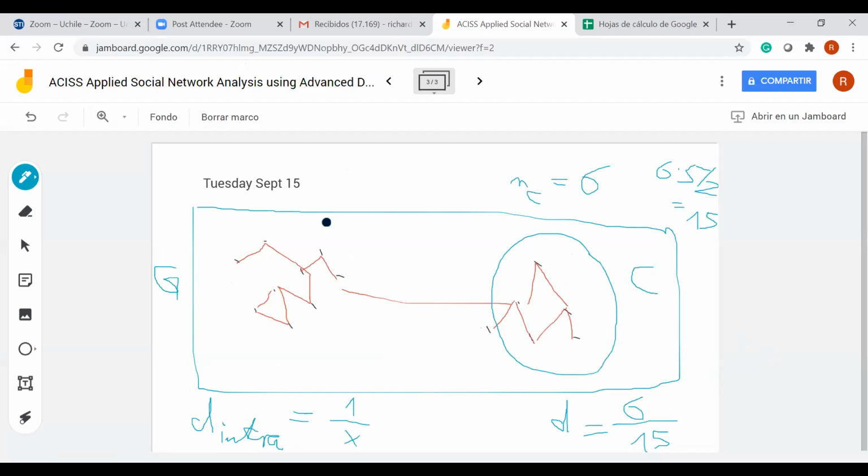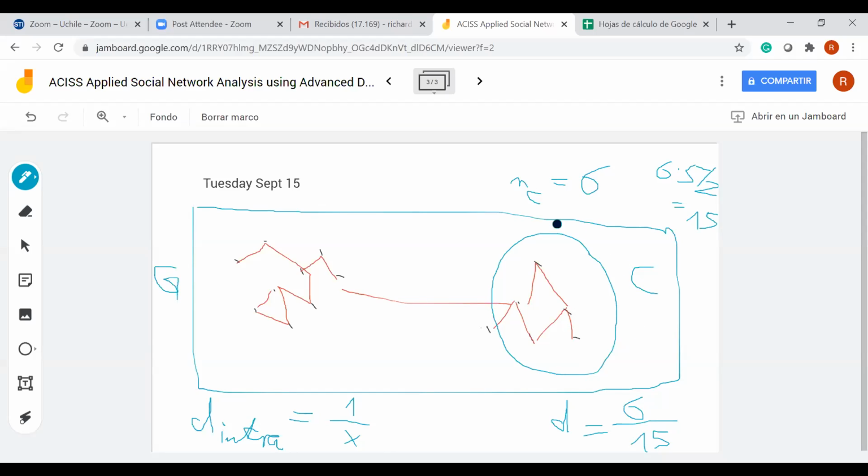The same example helps me now to introduce modularity. So modularity is the number of edges inside a community, which still is 6 for this community, minus the number of expected edges.